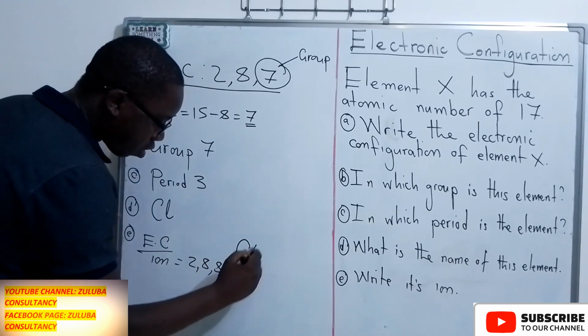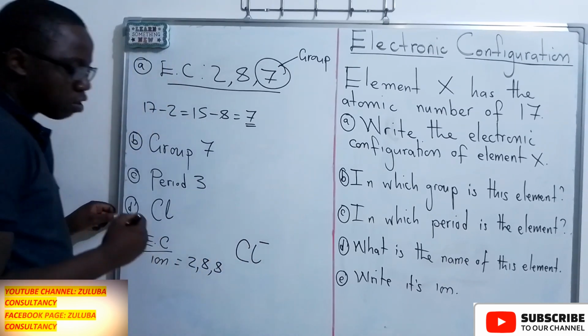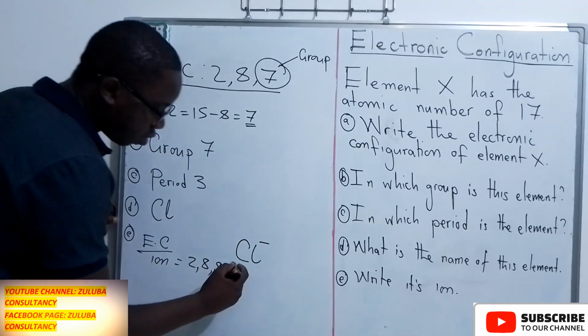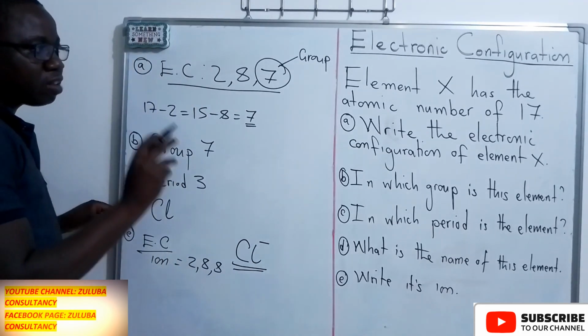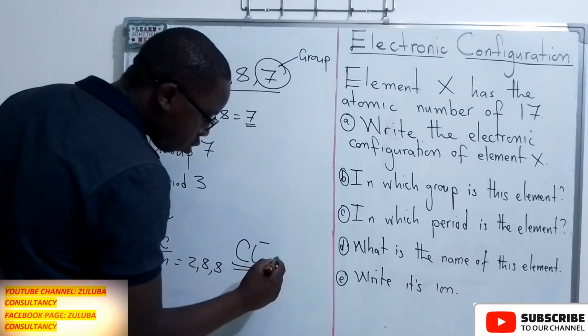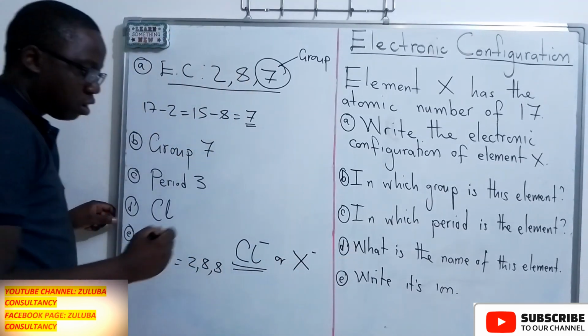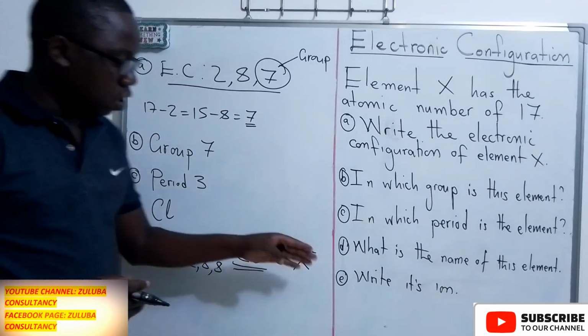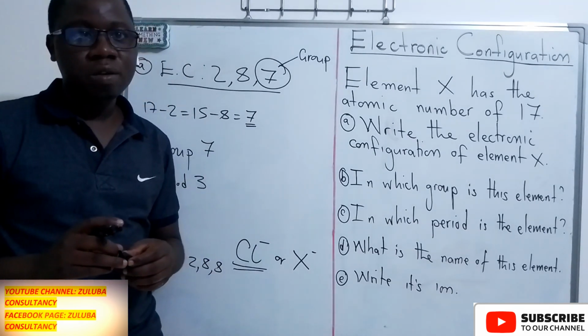It will be Cl, then we will show the electron that has been gained. So this is the ion of this element. Or you can write it as X and a negative sign there. So this is how we write the ion of this element.